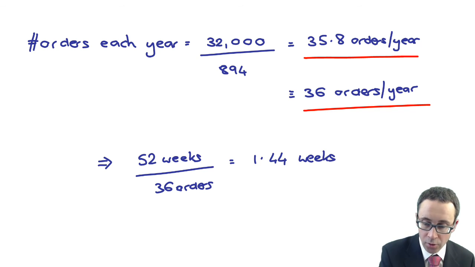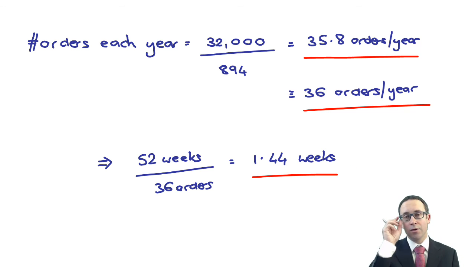So you need to make your orders every 1.4 weeks in order to satisfy the annual demand. Okay, again, that's just another potential exam style question that you could be confronted with.